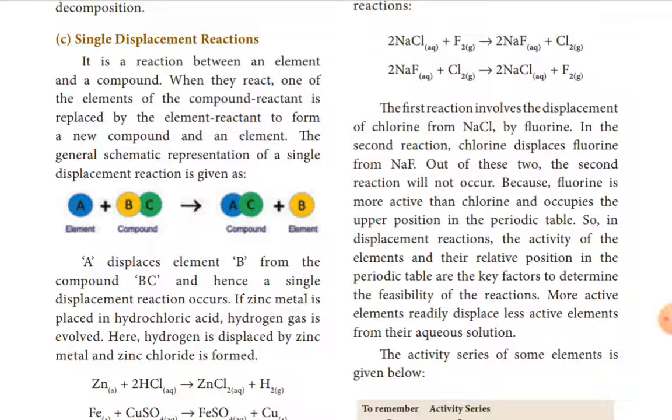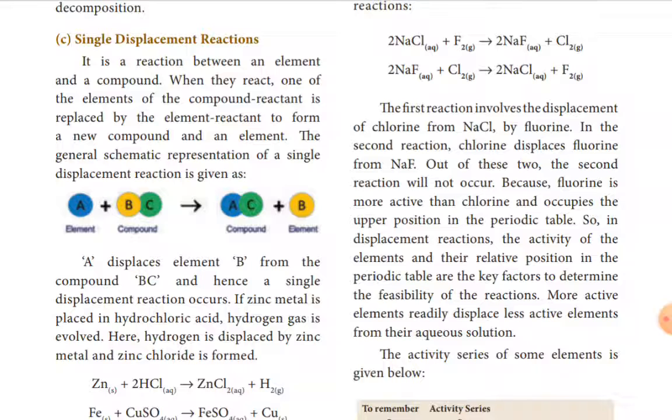In this, the element reactant, that is A, displaces or replaces an element from compound BC. So here the element A displaces B from compound BC.